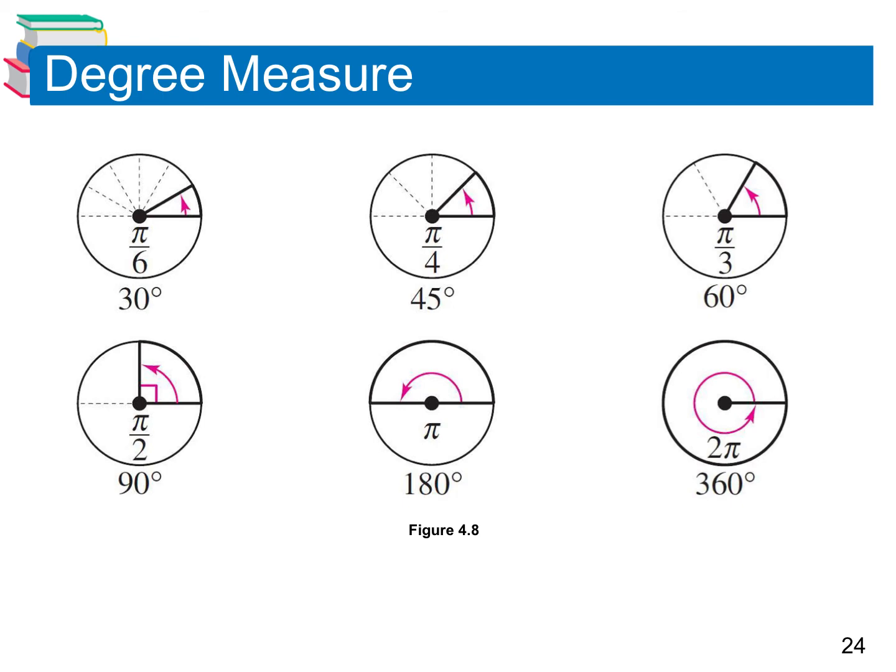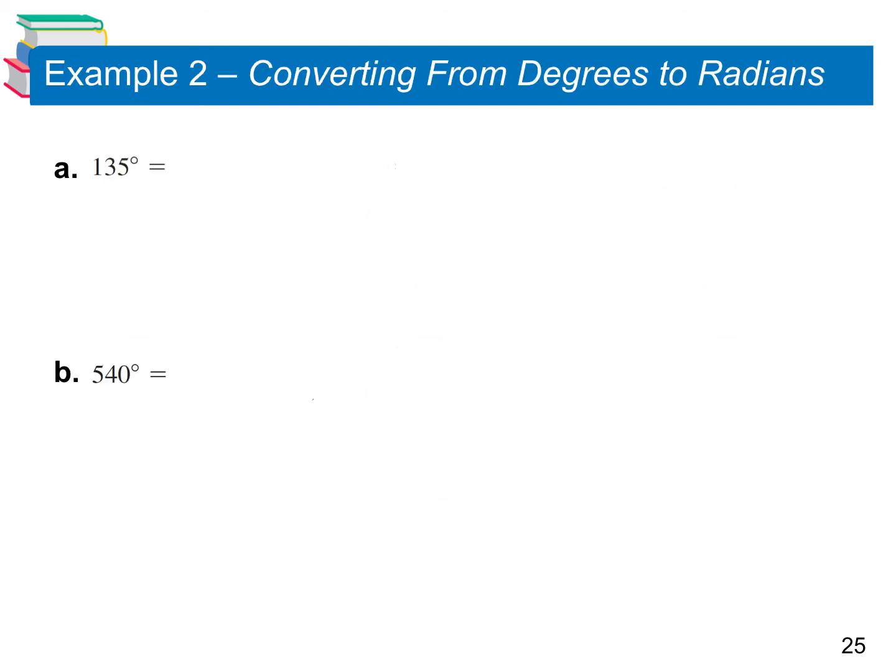I think the next slide has examples where we'll actually convert. So converting from degrees to radians. If I start with degrees, what do I have to multiply by to get to radians? Pi over 180. So 135 degrees times pi over 180. So this would be 135 pi over 180, and then we just simplify. Do I have a number in common between 135 and 180? 5.